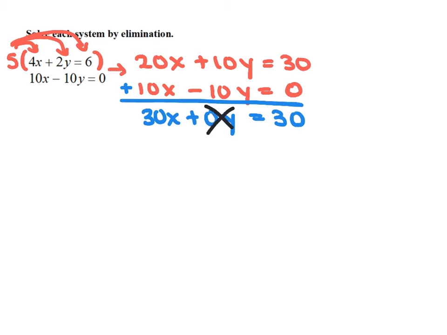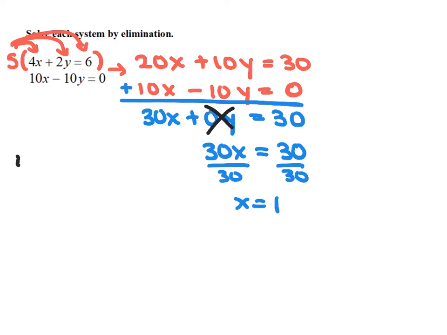And remember that 0y cancels out. So my equation becomes 30x equals 30. To solve for x, I divide both sides by 30 to get x is equal to 1. Now I can plug that into one of the original equations. If I plug into the first equation, I'll have 4 times the value of x, which is 1, plus 2y equals 6.